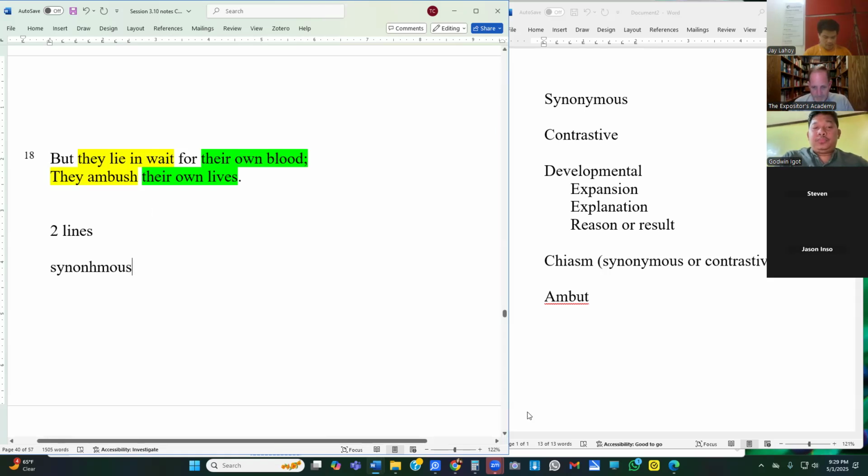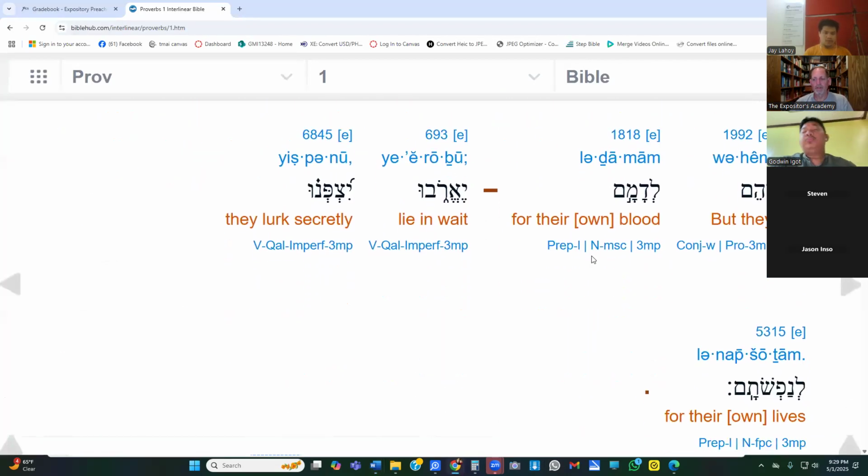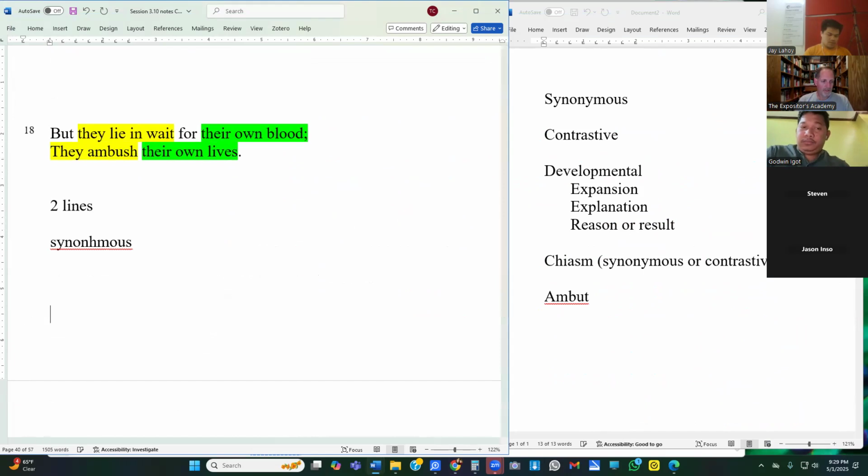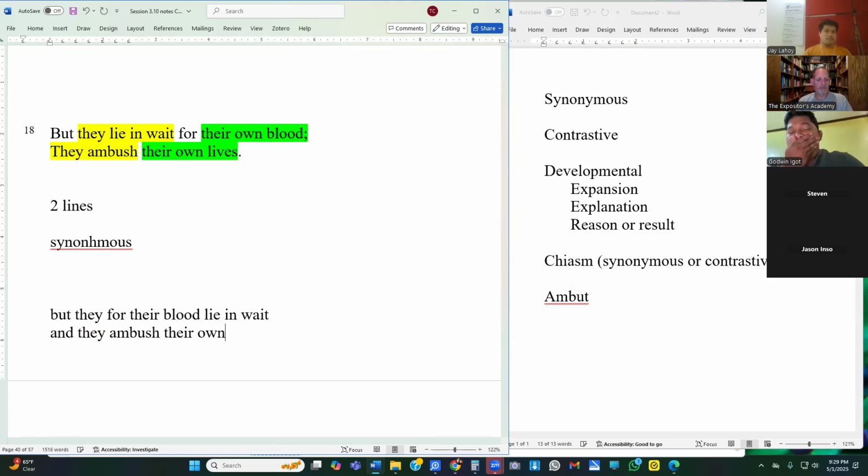Now, again, if I check the interlinear, notice they, for their own blood, lie in wait. They lurk secretly. So that ambush and lie in wait, those are put together. So actually, it looks like yet another possible chiasm here. The Hebrew literally is this: but they for their blood lie in wait. And then the second line is, and they ambush their own lives.